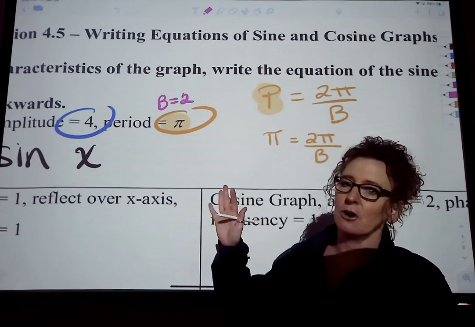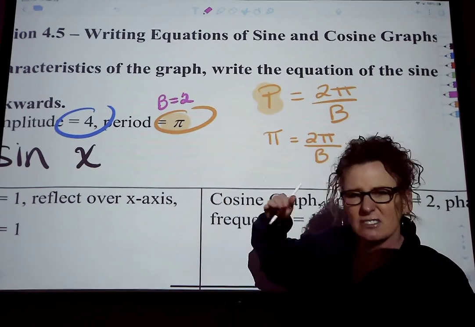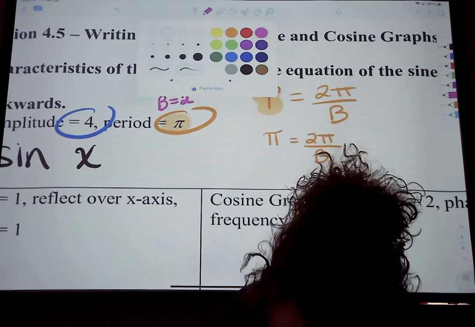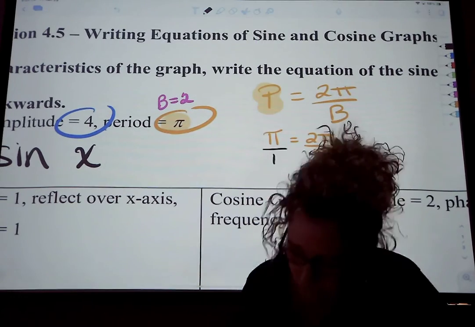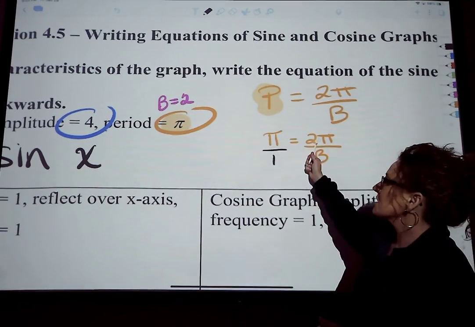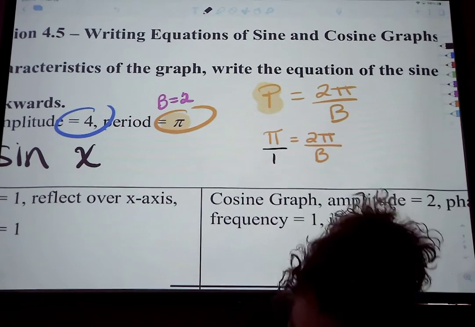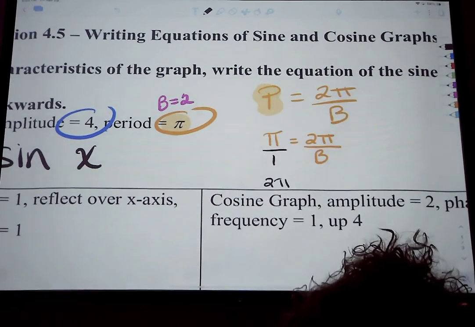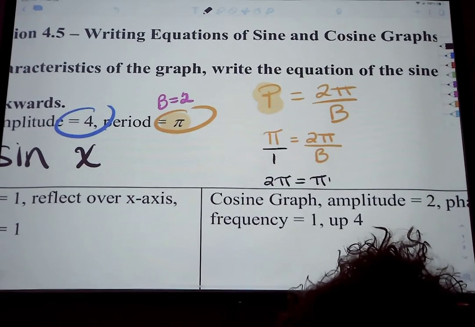If you know how to solve this in your head, just skip forward a little bit in the video. If you couldn't come up with what b was, I'm going to turn this into a fraction and cross multiply. I get 2 pi times 1 equals pi times b.